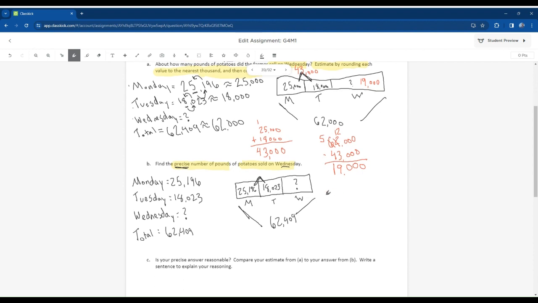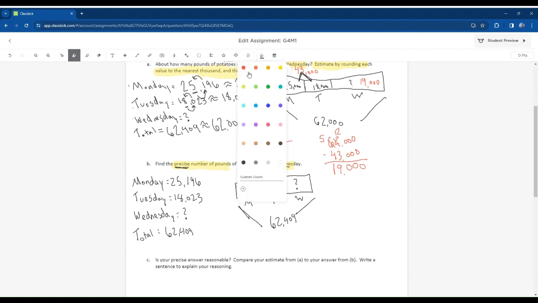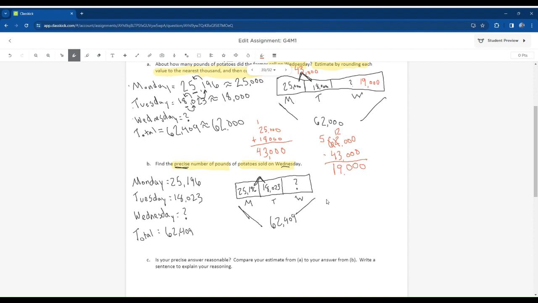So again, change my color quick. 25,196 plus 18,023. Again, lining up my place values to ensure that I'm adding ones to ones, tens to tens, all that good stuff. 6 plus 3 is 9.